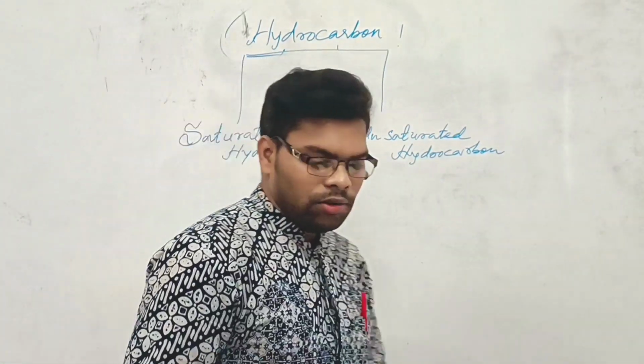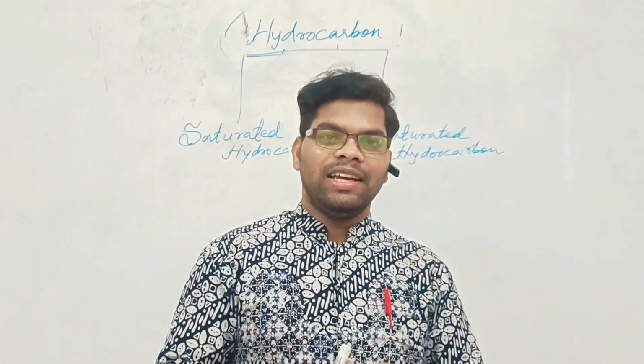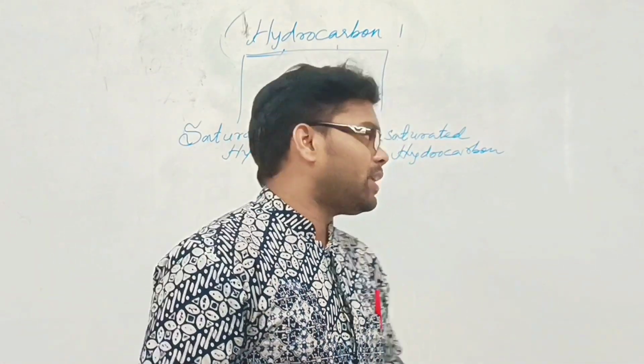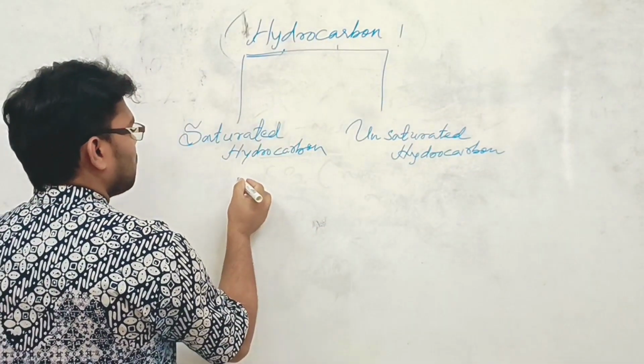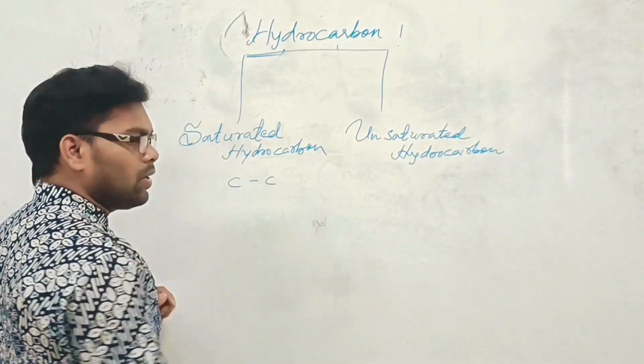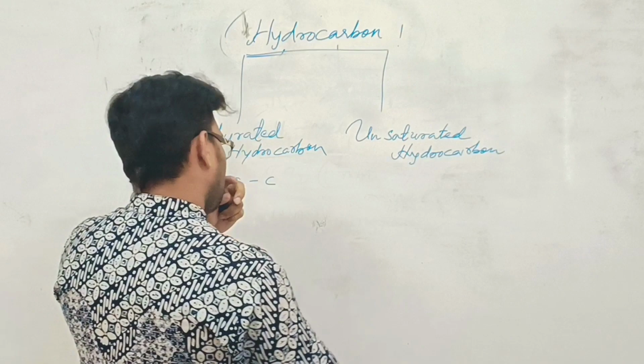So how do you find out saturated hydrocarbon and unsaturated hydrocarbon? Shortly, saturated hydrocarbon can be recognized easily by means of the bonds. If carbon-carbon atoms are connected with a single covalent bond, then we can say the compounds are saturated hydrocarbon.